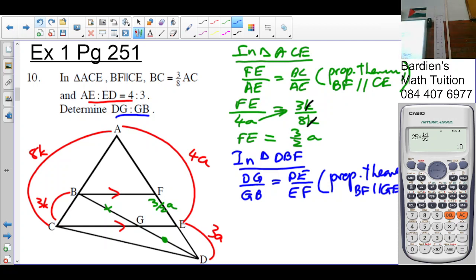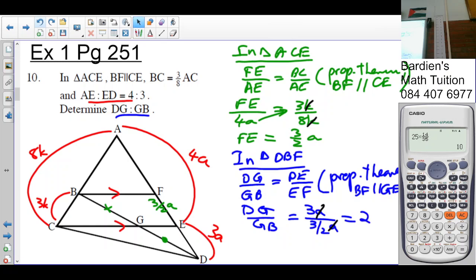So DG over GB is equal to, so DE is 3A over EF is 3 over 2A. So of course the A's cancel, not so? So that simply gives us 2 over 1.